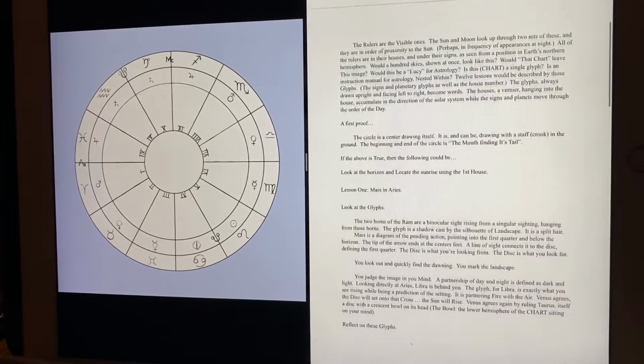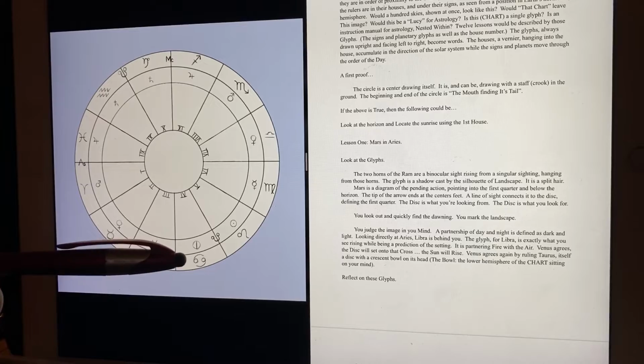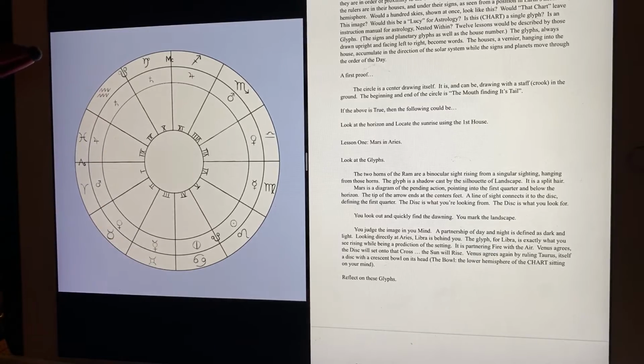Continuing on. The rulers are the visible ones, meaning the visible rulers of the old chart before the invention of the telescope. The sun and moon look up through two sets of these, and they are in order of proximity to the sun.